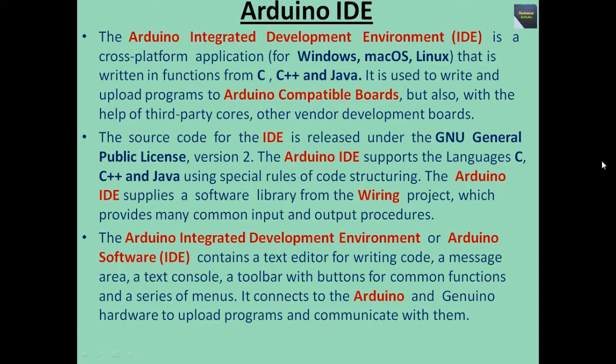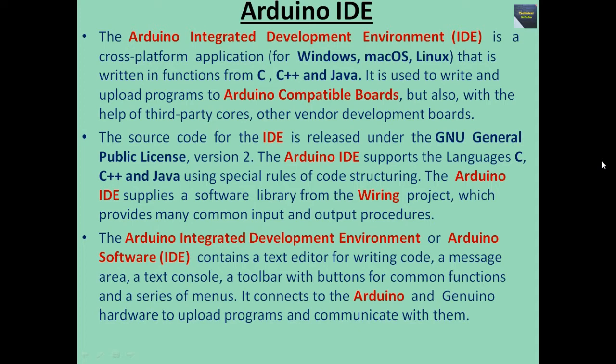It is used to write and upload programs to Arduino compatible boards, but also, with the help of third-party cores, other vendor development boards. Okay, the source code for the IDE is released under the GNU General Public License version 2. The Arduino IDE supports the languages C and C++ using special rules of code structuring, right?